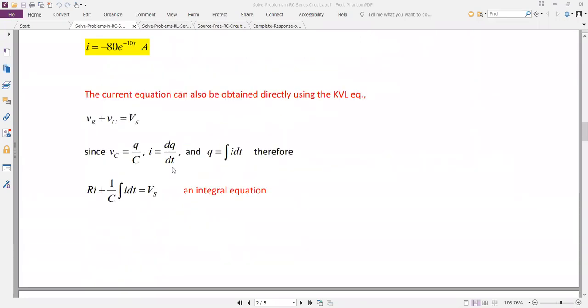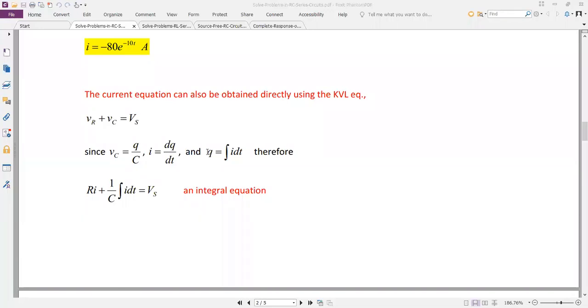Now, the current can also be obtained directly using the KVL equation. The KVL equation, the main equation that is being used in circuits, says the voltage drops across circuit elements equal the electromotive force. And we have VC equal to Q over C, and I is dQ/dt.